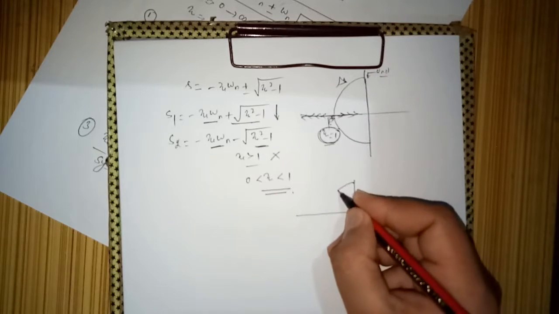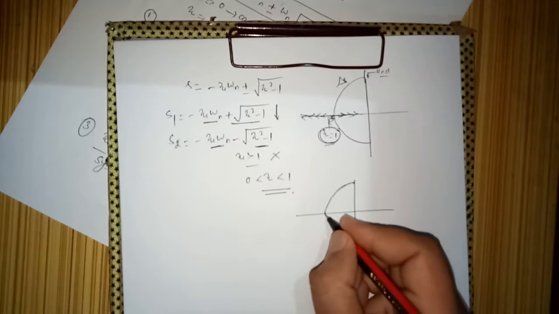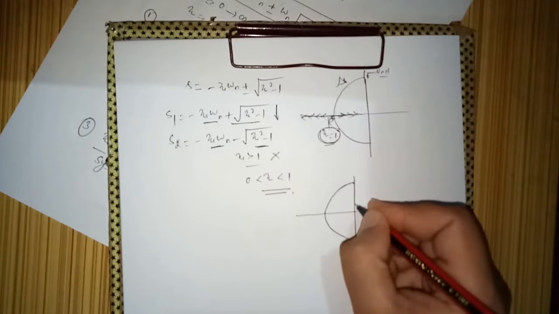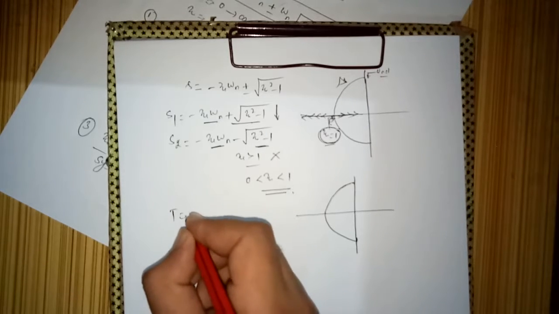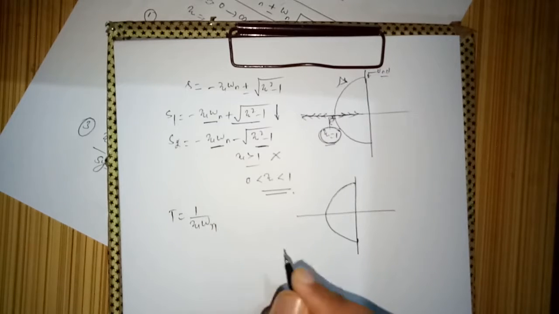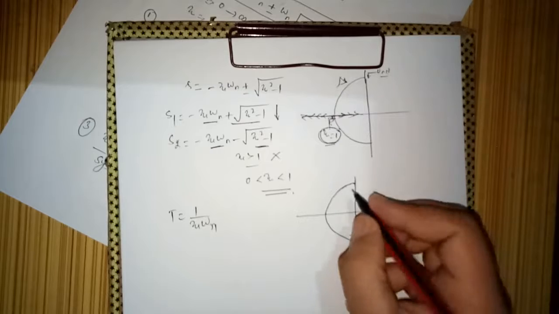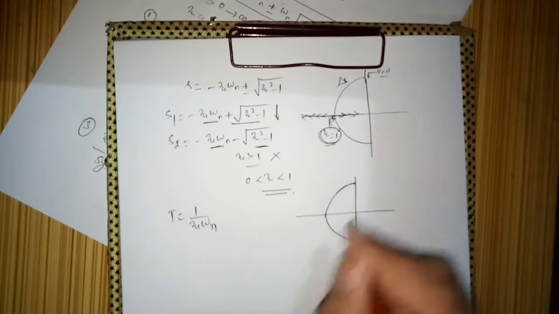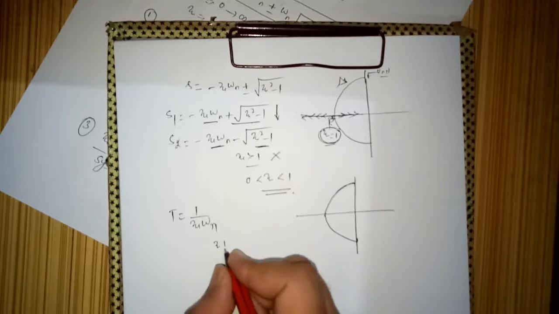Like, as I am going this way and this way, see, I know time constant is equal to 1 by zeta omega n. This is the time constant of a system. Now when I am going this way, my zeta is increasing, which is very good for the system.